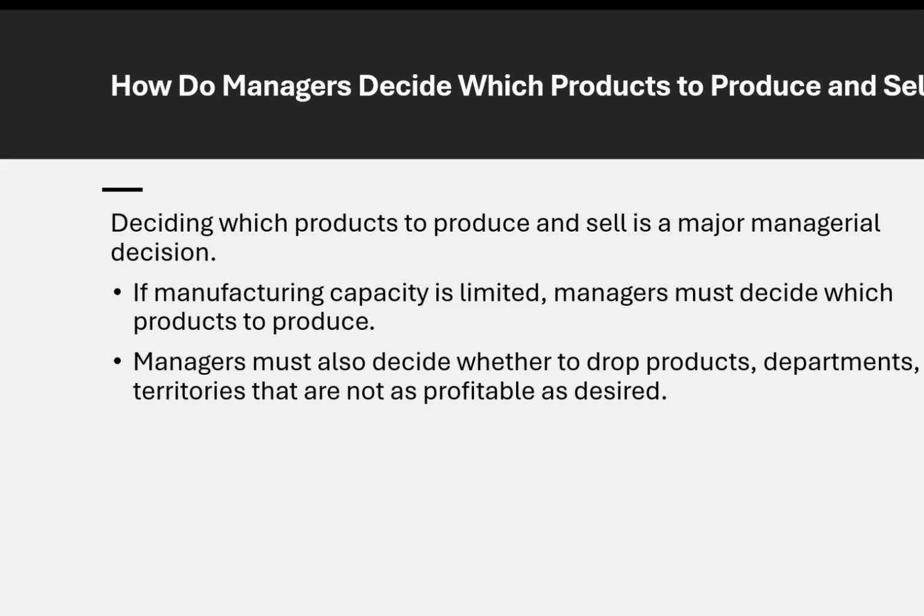Also, managers must often decide whether to drop products, departments, or territories that are not as profitable as desired. So let's look at how these decisions are made, beginning with some of the questions managers must consider when deciding whether to drop a product or a business segment, such as a department, territory, or region.